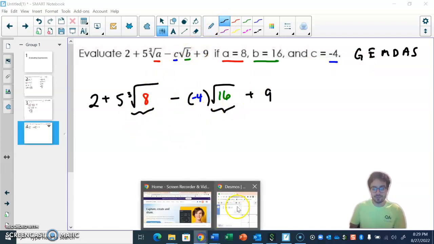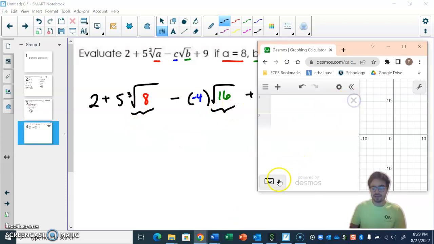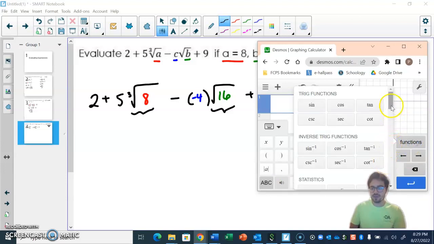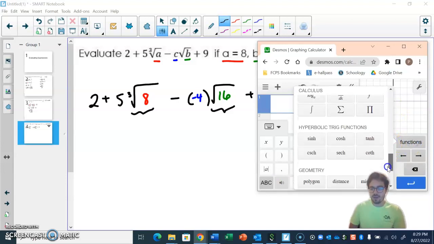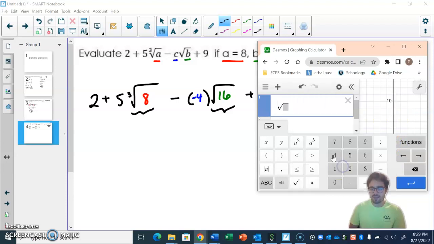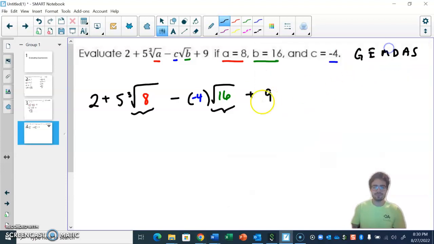A cube root. Let me show you how you get that in Desmos. You can open this keypad. You can click Functions. You can go all the way down. And then you have this. You're going to put a little 3 there. We can put 8. The answer is 2. That's because 2 times 2 times 2 gives me 8.